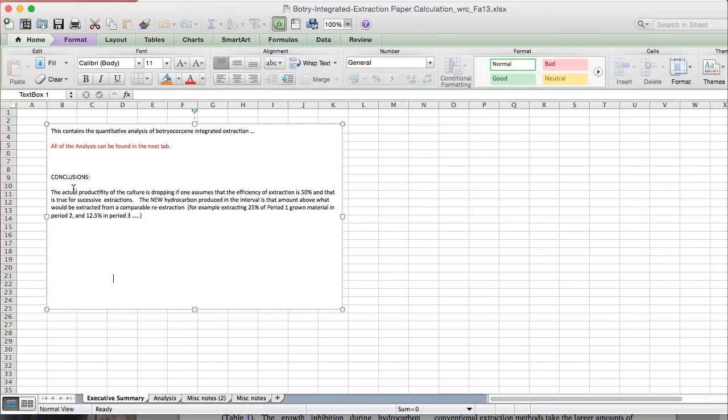What I'll be showing you is that the actual productivity is declining. When you account for the new hydrocarbon, what you see is that the volumetric productivity in this case is actually declining with time, with these successive intervals.